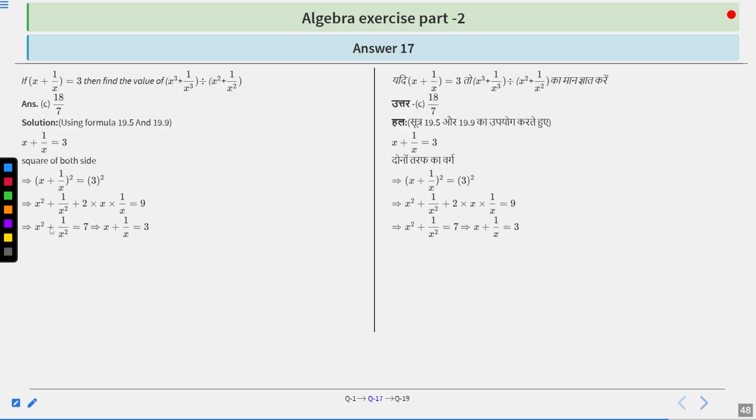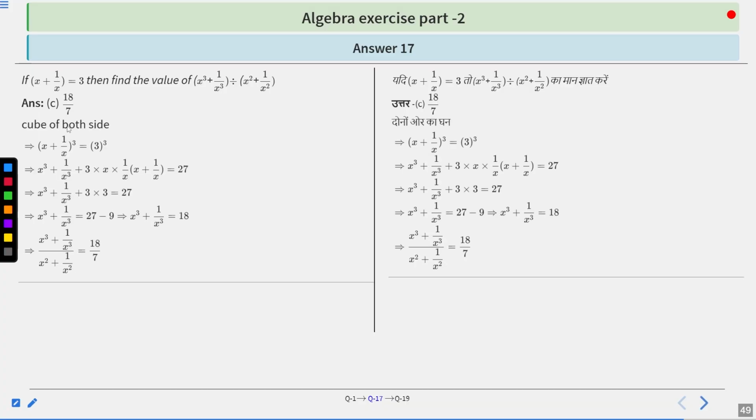Then x will cancel out x, and 2 will go to that side and be subtracted from 9. So 9 minus 2 is 7. So we have x square plus 1 upon x square equal to 7. And x plus 1 upon x equal to 3 was already given in the question.